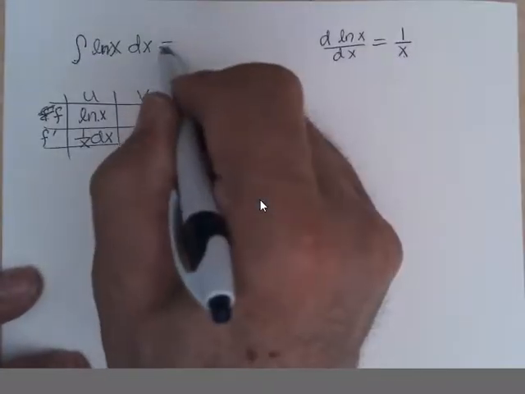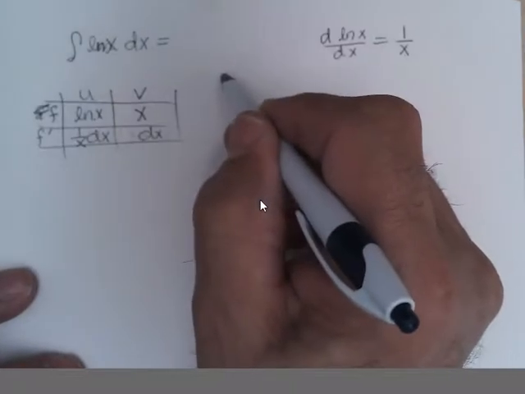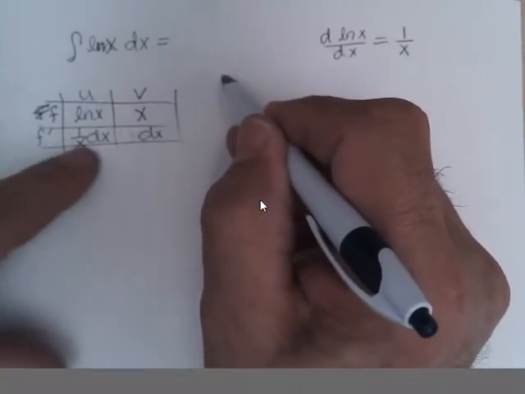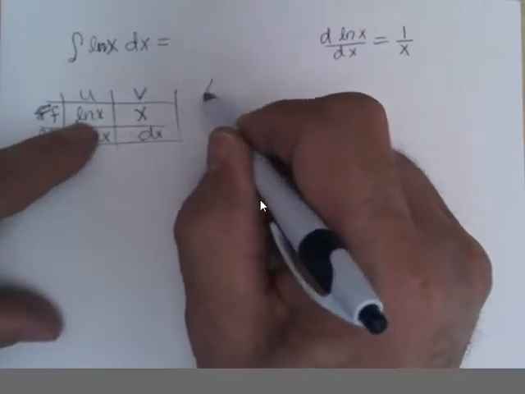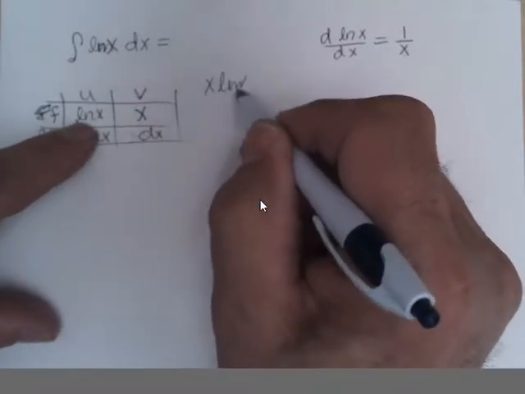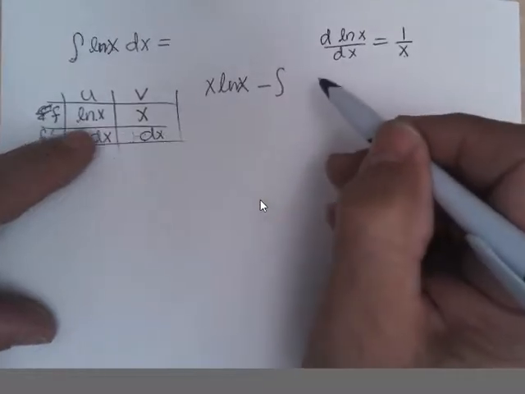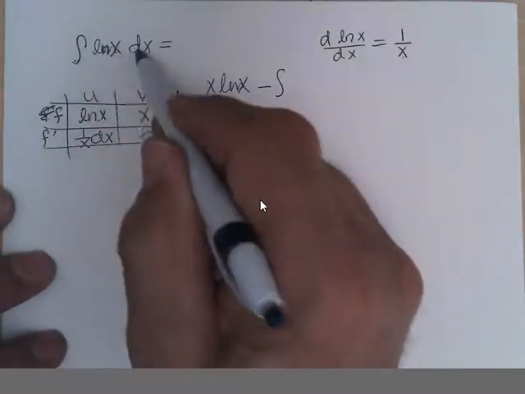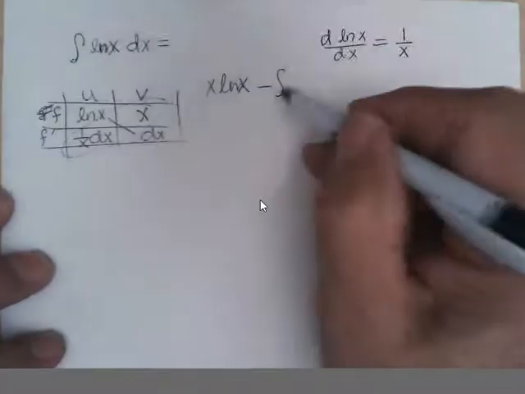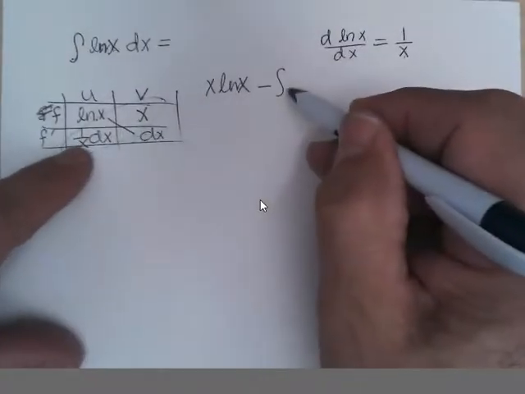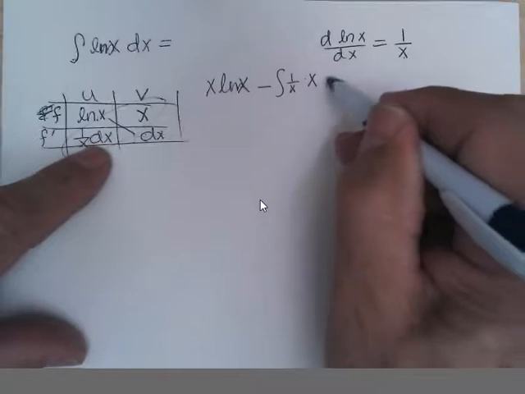So this becomes, according to the formula, uv minus the integral of v du. It's going to be uv, it's going to be x ln x minus the integral of the way we used the ln x and dx, so it's these two that I put in the integral here, which is 1 over x times dx.